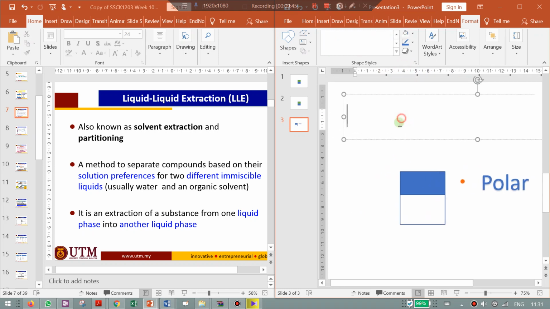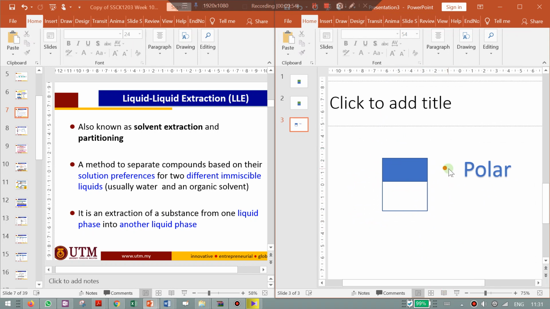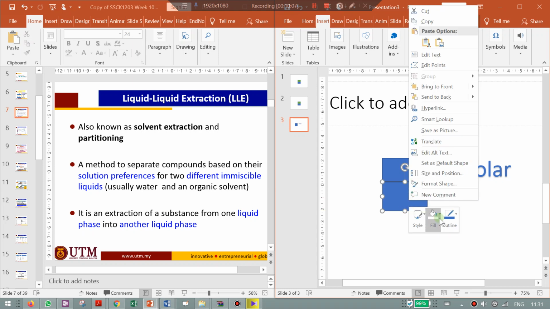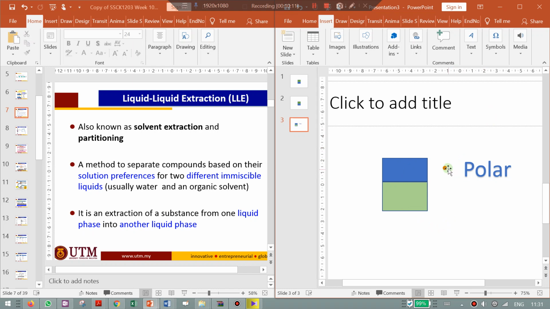You need to use a non-polar solvent that has a higher density compared to water.